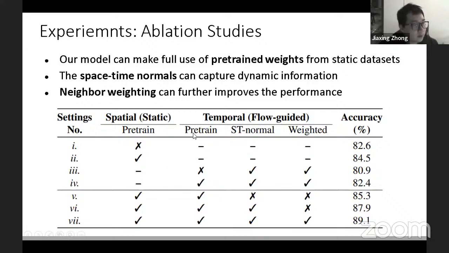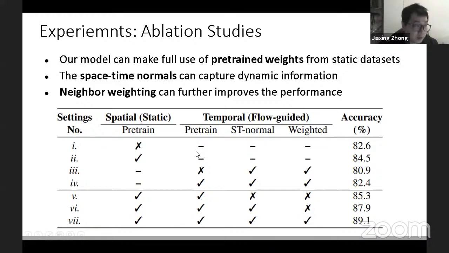If we do the temporal pre-training, we can see that we don't take the spatial pre-training or the temporal pre-training on the first and the third line. But what part of the network do we pre-train when we do the temporal pre-training? Temporal pre-training means we use the pre-trained feature from the static model. That is the so-called temporal pre-training.